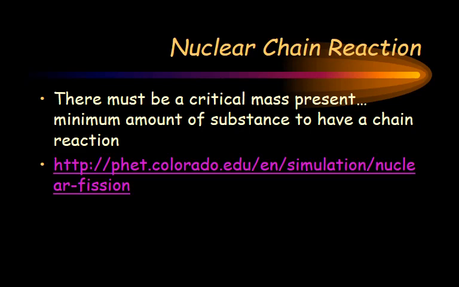You have to have enough of that refined because, as you can see in the simulation, if you have uranium-235 and 238, and too many 238s, it's just going to absorb the neutron. It's going to become uranium-239. It's just going to sit there. So you have to have enough of the refined uranium to have the chain reaction.